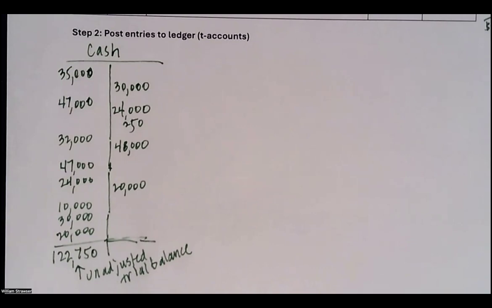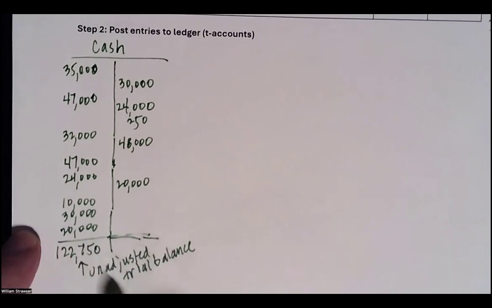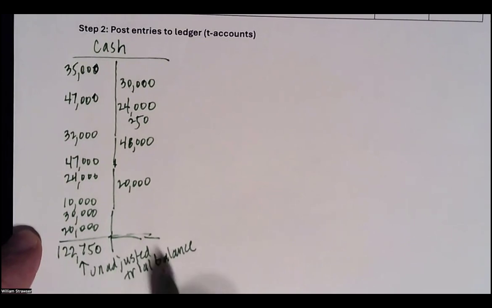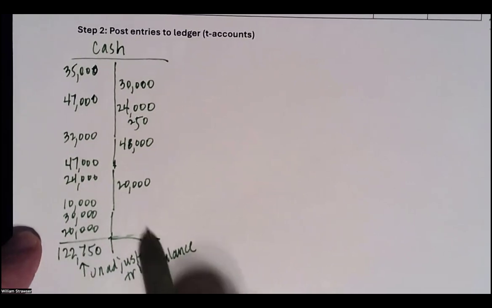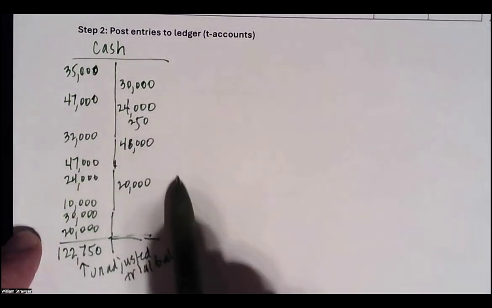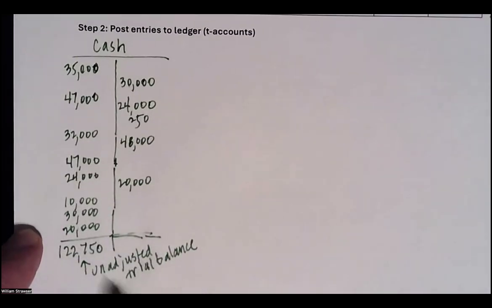In practice and in my teaching, I will typically only reconcile and draw a line when I'm coming up against a trial balance. So I want to know where I am for my unadjusted trial balance, which is step three. I draw the line, I reconcile all the numbers that have happened. I get the new balance for my unadjusted trial balance, right?